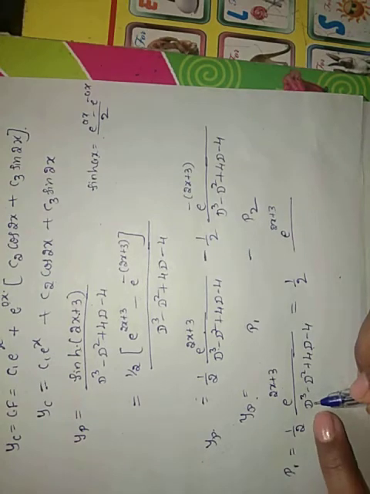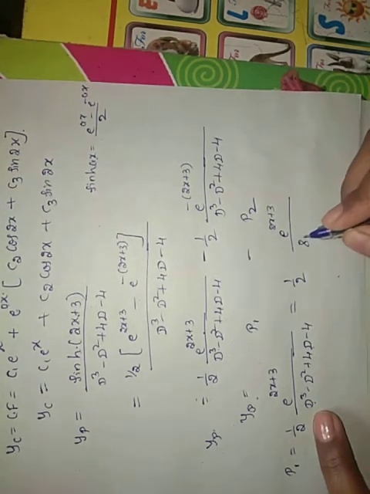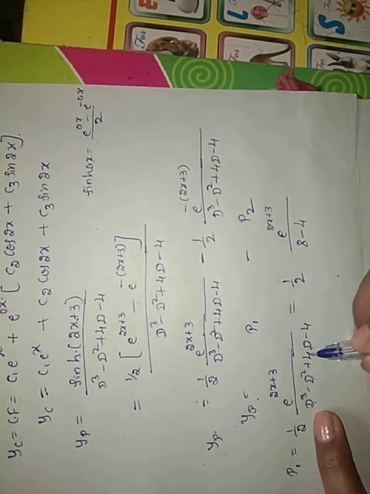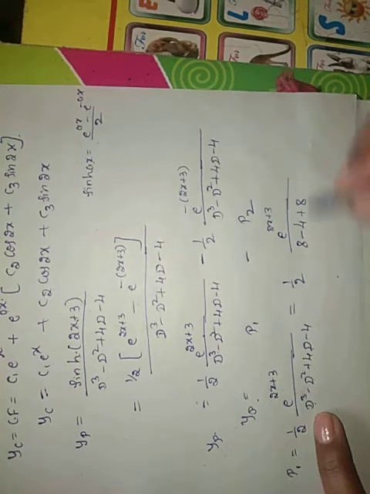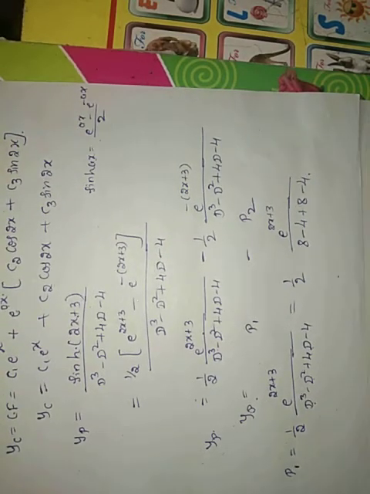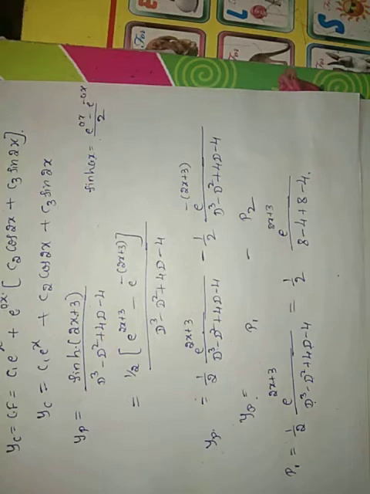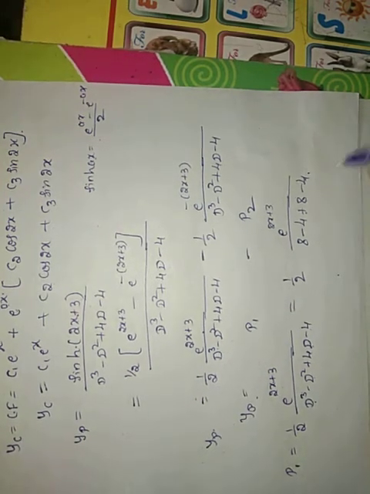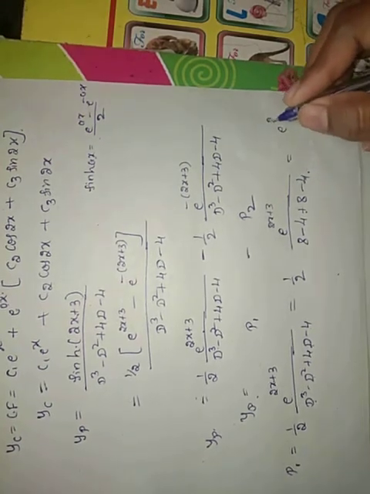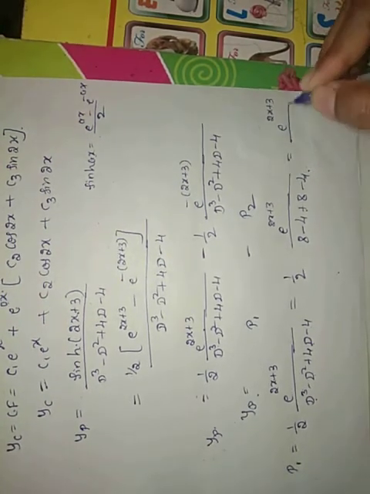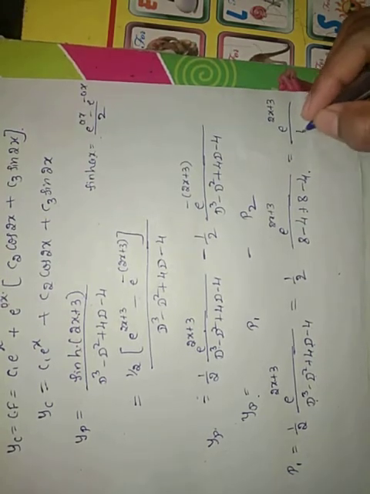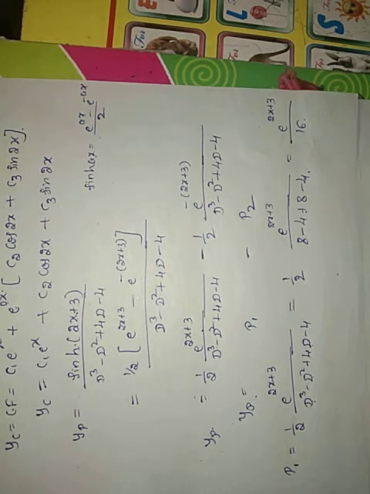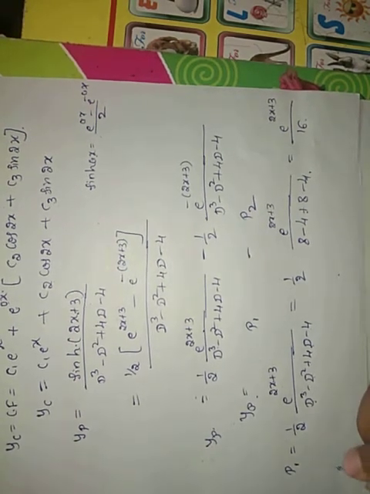When you replace D by 2, 2 cube is 8 minus 2 square is 4, 2 into 4 is 8, minus 4. Minus 4 minus 4 minus 8. Minus 8 plus 8 cancelled. That is e raised to 2x plus 3 divided by 8 into 2, 16. That is our P1. Now come to the P2.